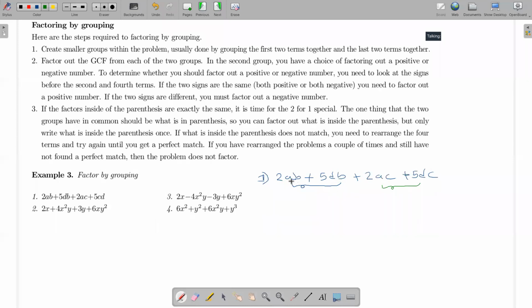I have A here, but the second term doesn't have an A. Looking at B, these two have B, but this one doesn't have a B. And this one doesn't have a D. Then C, these don't have a C. So there is nothing common. That's why I go to this method.